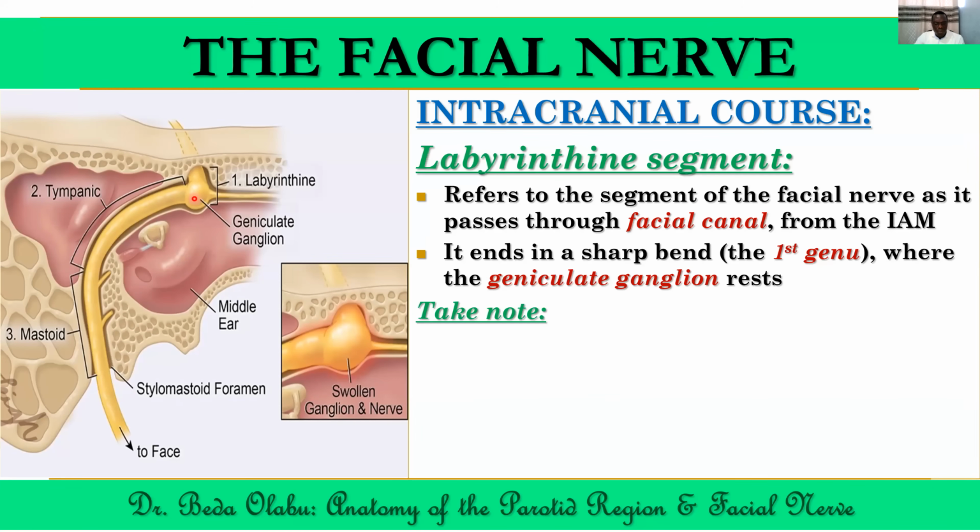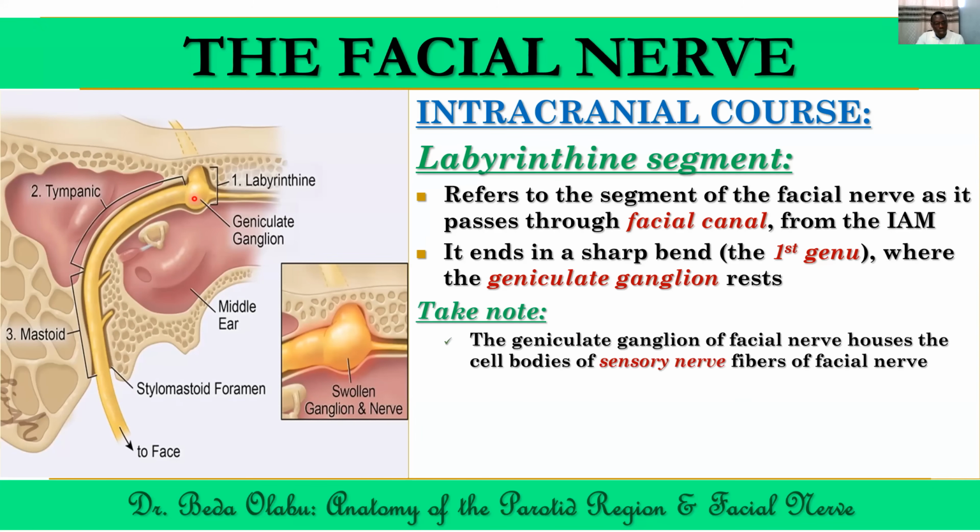Take note of the following. One, the geniculate ganglion houses the cell bodies of the sensory nerve fibers of facial nerve. So the ones which carry taste, the neurons that carry taste from the tongue, their cell bodies are housed here.